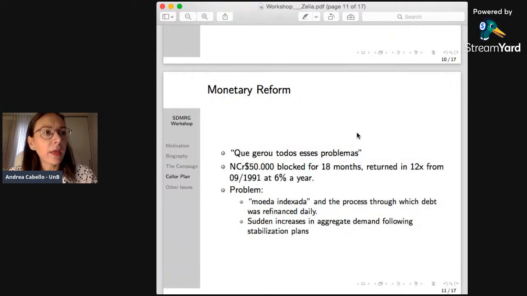The central bank had a protocol, I would call it that way, of refinancing its debt every day through the overnight, which was an operation in which banks would, to put it in layman's terms, re-lend to the government overnight. That's what they call it. But the problem was that this process was automatic. It didn't depend on whether the government wanted it or not.